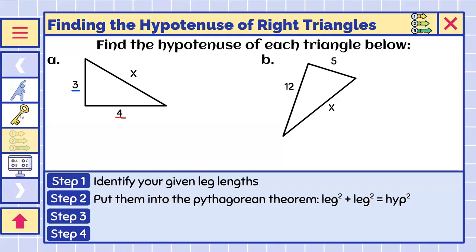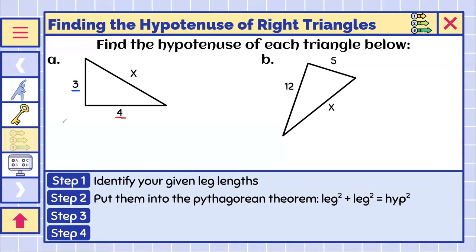In this case, that means I'm doing 3 squared, so 3 to the power of 2, plus 4 to the power of 2. And that is supposed to equal, in this case, they called it x for the hypotenuse, so we'll say it should equal x to the power of 2.